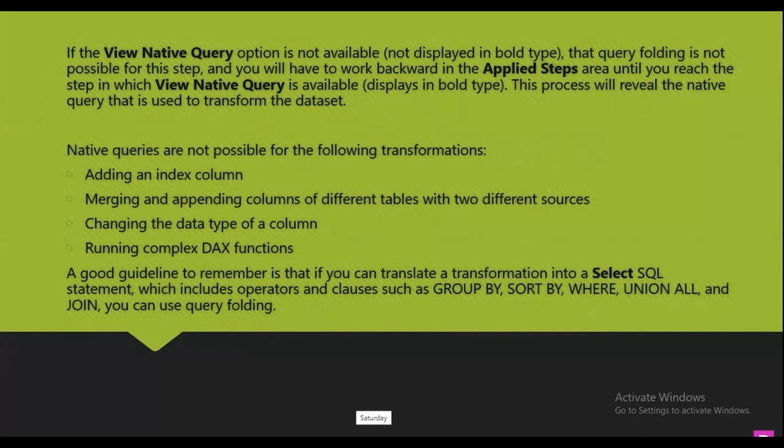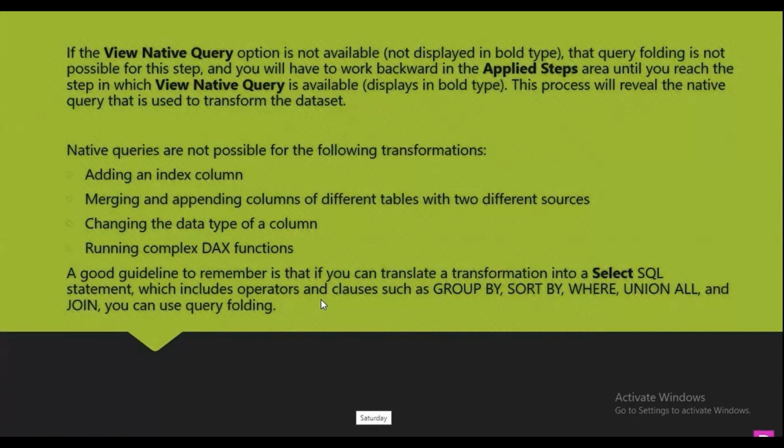But as a good developer, we should try to perform as many operations as we can in the native query place itself. It will help to load the data very fast, and also refresh and incremental refresh, as I already discussed. So you can see here, these are the operations in which we can apply query folding options, like group by, sort by, where, union all, and join. They can be used for query folding.